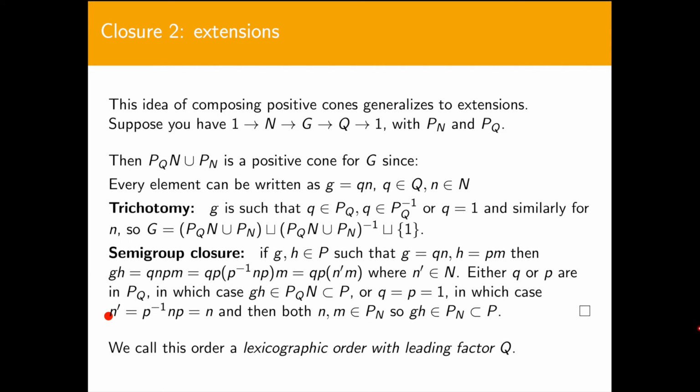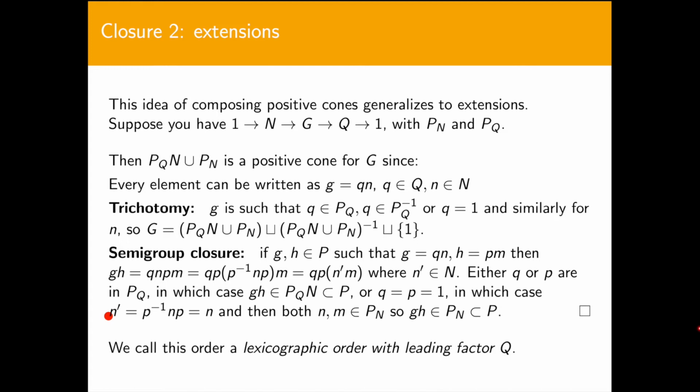So we conjugate n with p, and so we get that that's equal to qp, p inverse n p, m. And now your n is in a normal subgroup N, so it's going to be some other element of N once it's conjugated. So you get that GH is equal to qp n' m, where n' is in N. So now you have your GH in the right form, and then you can check that it's in the positive cone.